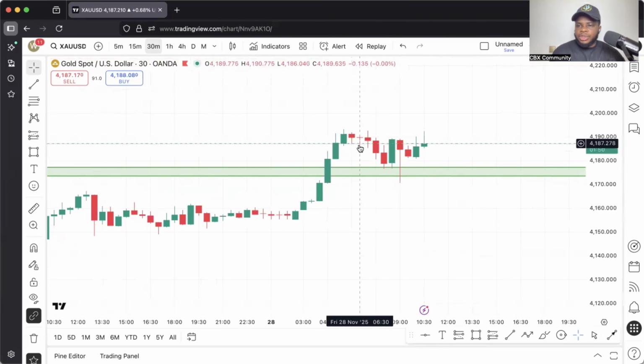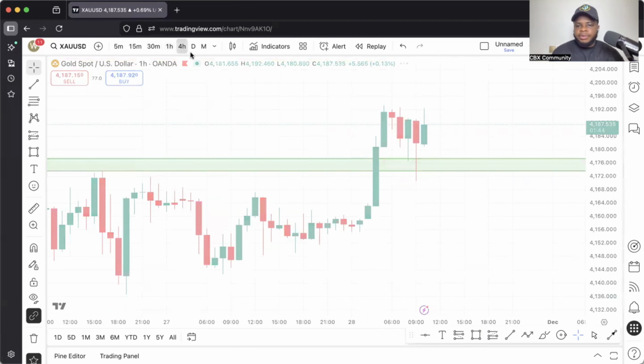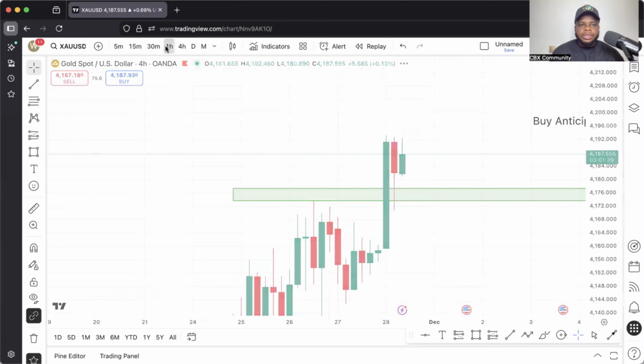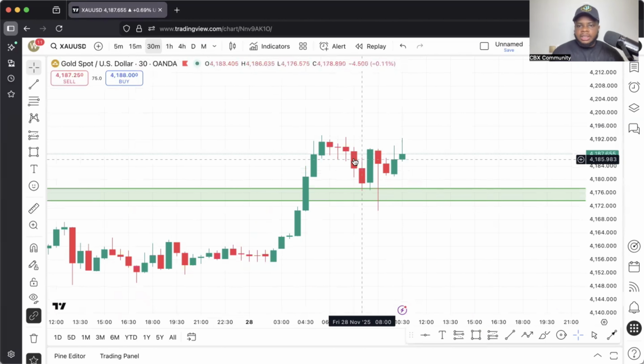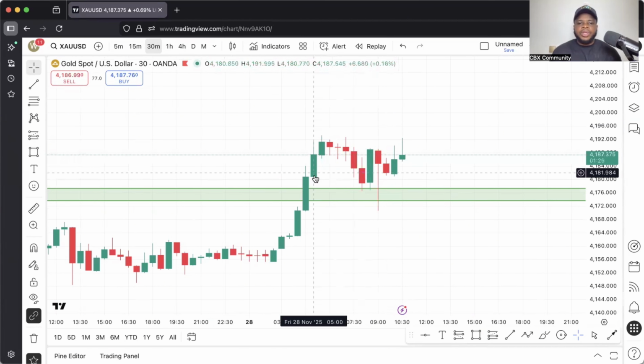So since we have a consolidation zone over here, I understand that with the H1 and the H4, I was able to identify this zone as a consolidation zone. But on the 30 minutes, we are seeing how the market structure is, and this consolidation zone over here, we need to identify this zone as a consolidation zone because this candle broke this resistance zone, and the next candle broke the high of this bullish candle.